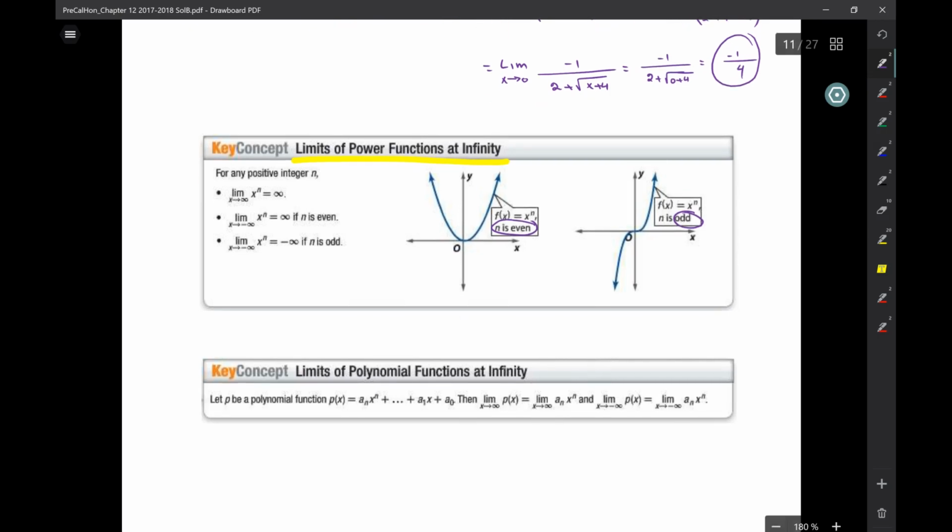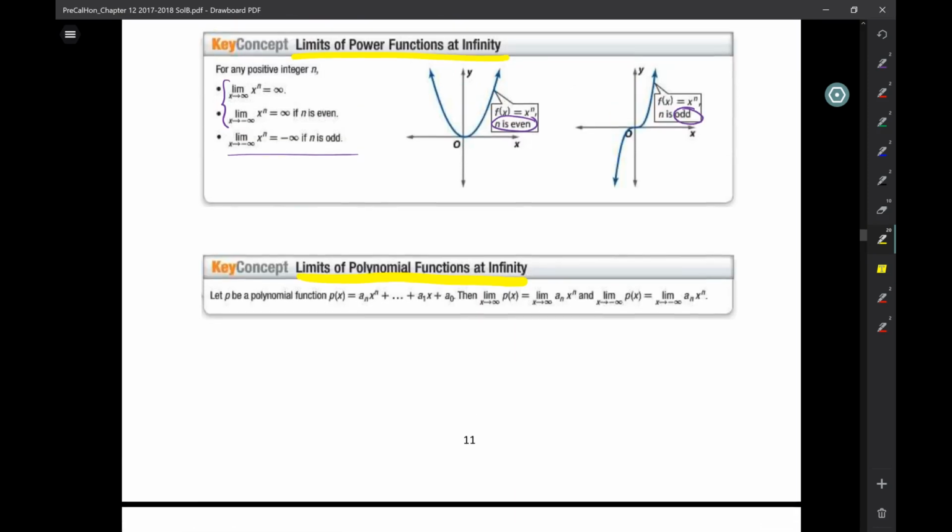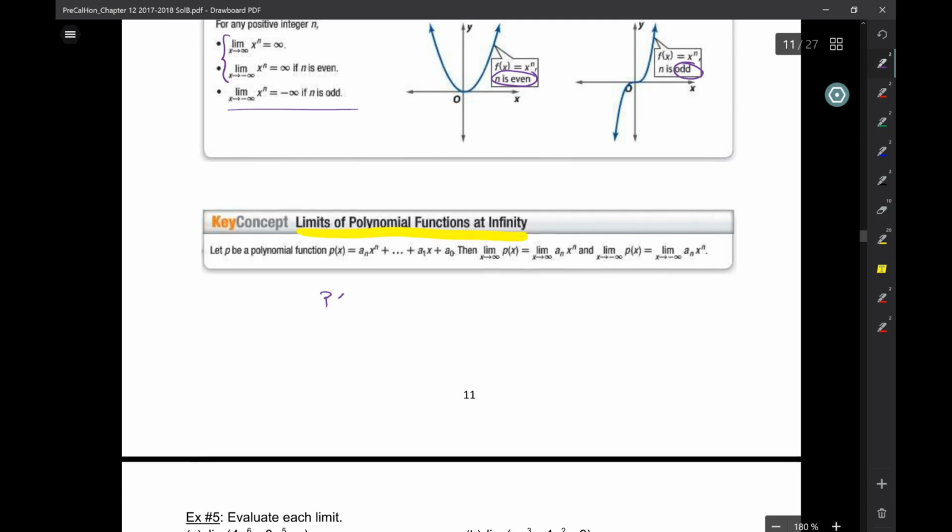Here is some summary of that. We know this already. Now, polynomials, the limit of a polynomial function at infinity. I know I've talked about this before. Think about a polynomial function, for example p of x is 3x to the 7 plus 5x to the 4 minus 2x cubed plus x.